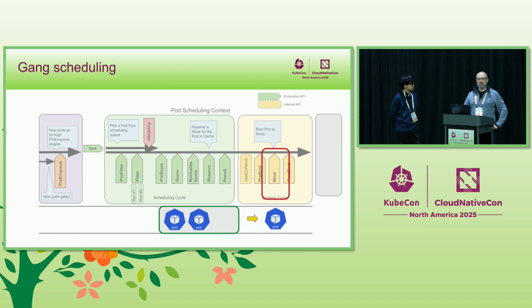And the actuation, as I mentioned, may require starting the actual preemption of the victim pods. It may mean triggering autoscaling. It may mean waiting for resources to be provisioned.